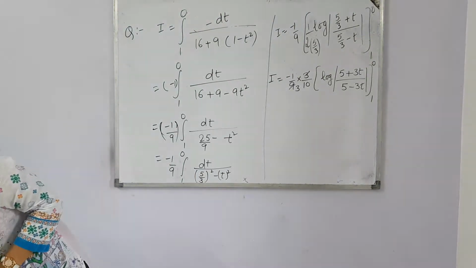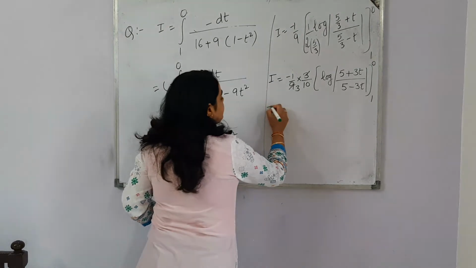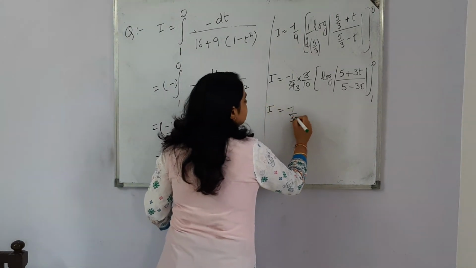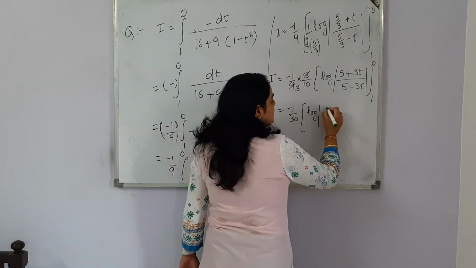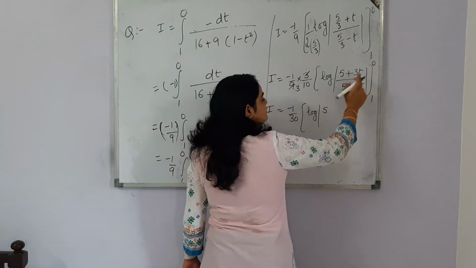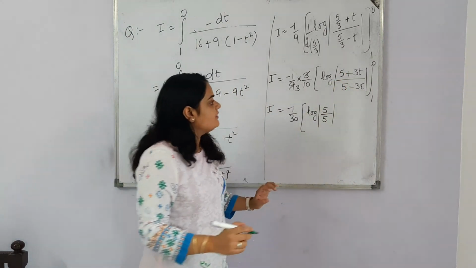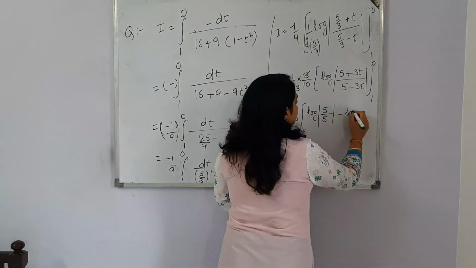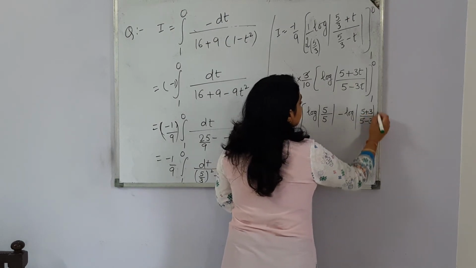Now we need to substitute the limit. I is equals to minus 1 by 30. Upper limit: 3 into 0 is 0. Of course I am getting 5 by 5, minus log of 5 plus 3 upon 5 minus 3.